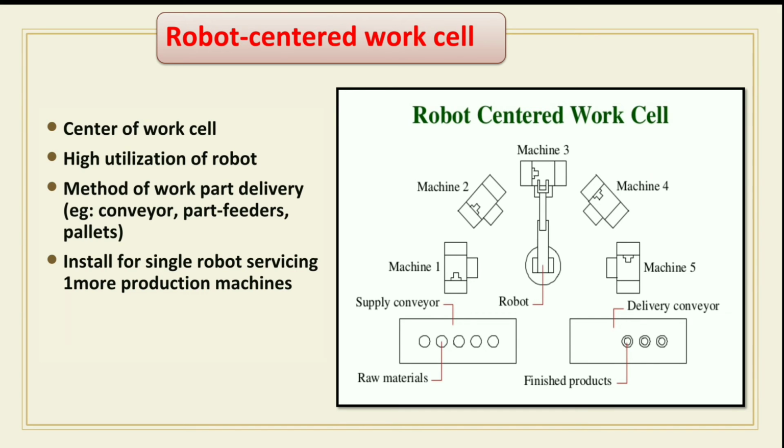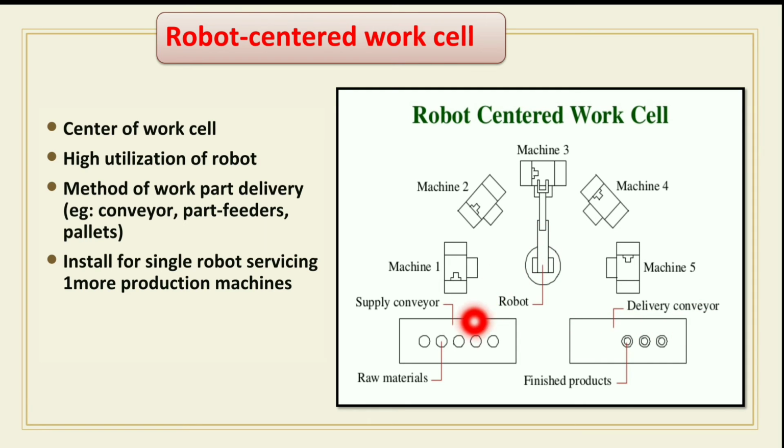So this is the exact location of the robot: the industrial robot is at the center position and all machine utilities are arranged around it in a circular path. This is the raw material section, these are the supply conveyors, and these are the finished product delivery conveyors.